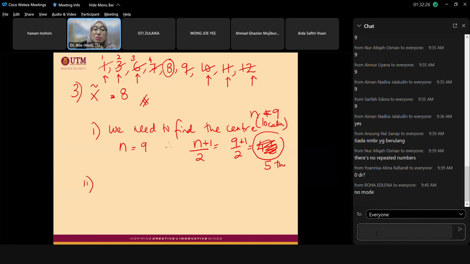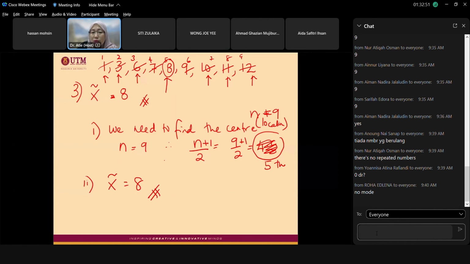So 1, 2, 3, 4, 5, fifth here, then 6, 7, 8, and 9. At the fifth location is number 8. So our median is 8. That's how we get the answer.